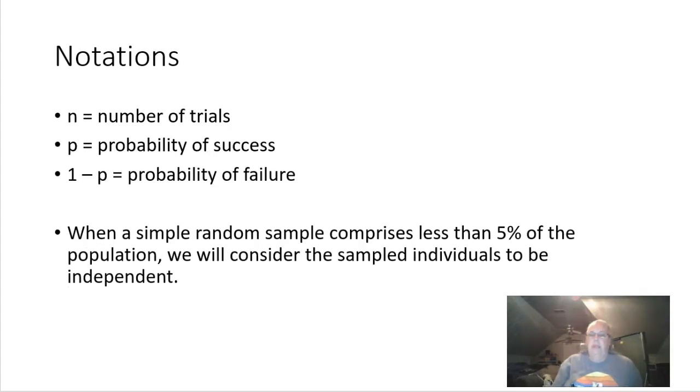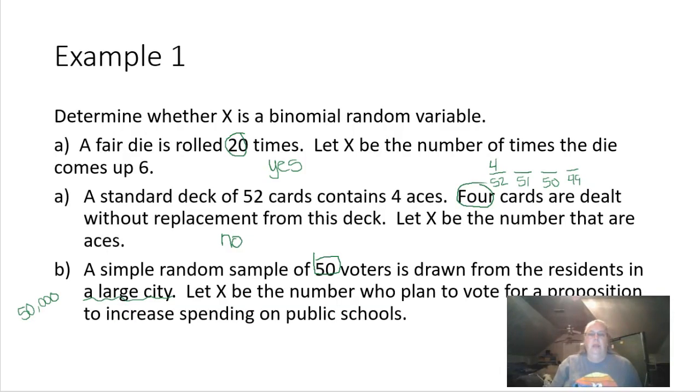When we have a simple random sample and it is less than 5% of the population, then yes, the sampled individuals are independent. So what we need to do is figure out 50 is 5% of what number? All right, so we said we thought a large city would be about 50,000 people.